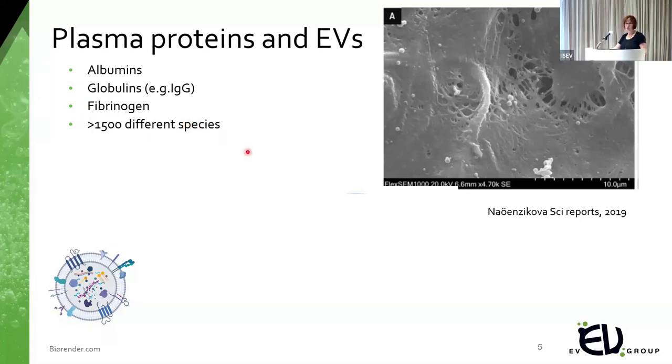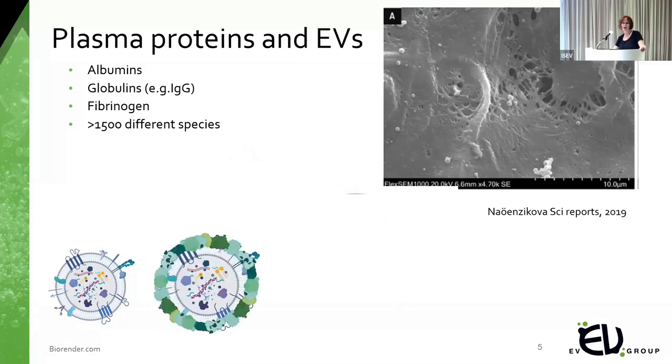But there are over 1,500 different protein species in plasma, so they may be a rich source for biomarker materials. Many of us are interested in the blood, plasma or serum just for this sake, and not because of blood EV physiology, like myself. For a long time, our goal has been to obtain vesicles as pure as possible. But in reality, the vesicles are covered with a molecular corona, the protein corona as called before.